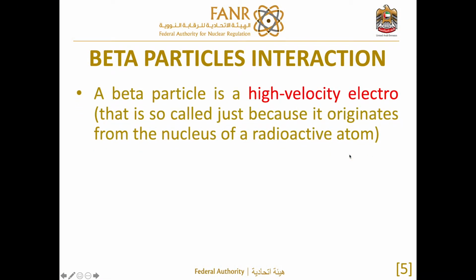The mechanism of interaction of beta particles with materials is completely different from the alpha particles. Well, first of all, beta particles are electrons, high-velocity electrons, which are called beta particles just because they originate in the nucleus, but they are absolutely the same particle as the electrons orbiting around other atoms.